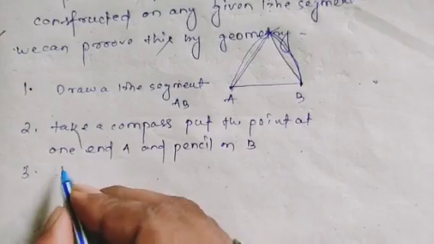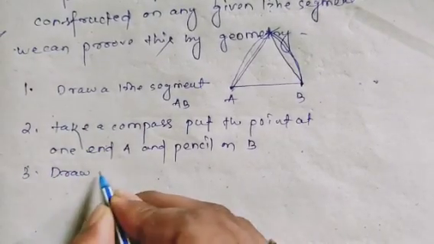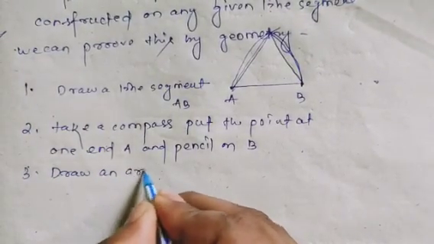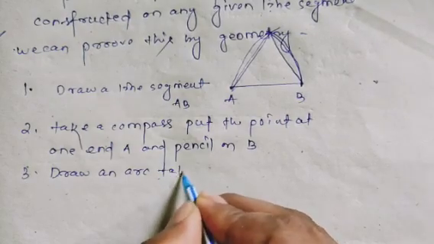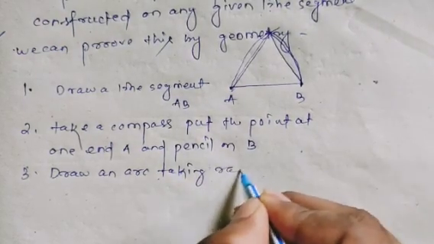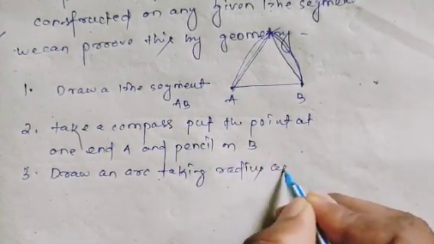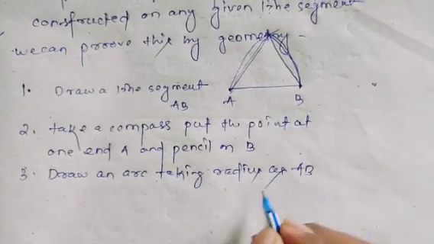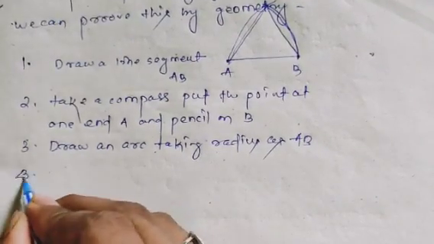Then 3, draw an arc taking radius as AB.